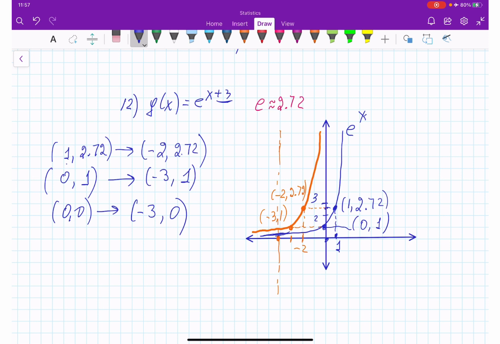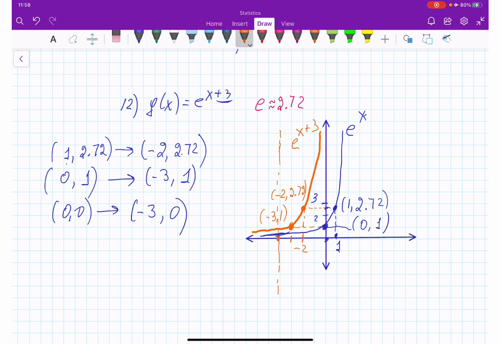This curving part is not precise, but that's okay. Use your imagination. It's supposed to be parallel because here we have e to the power x plus 3. Okay? Negative 3 and 1, that's where it's crossing. This point is becoming this point.